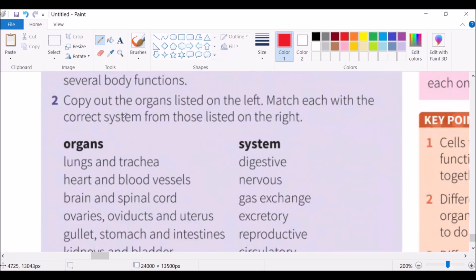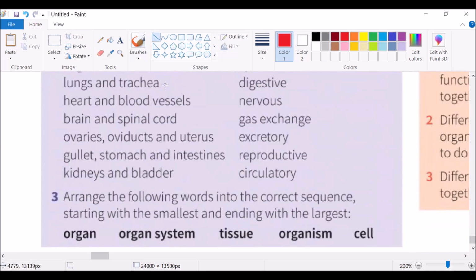Match each with the correct system from those listed on the right. So lungs and trachea make up the gas exchange system. Heart and blood vessels make up the circulatory system. Ovaries, oviducts, and uterus make up the reproductive system.